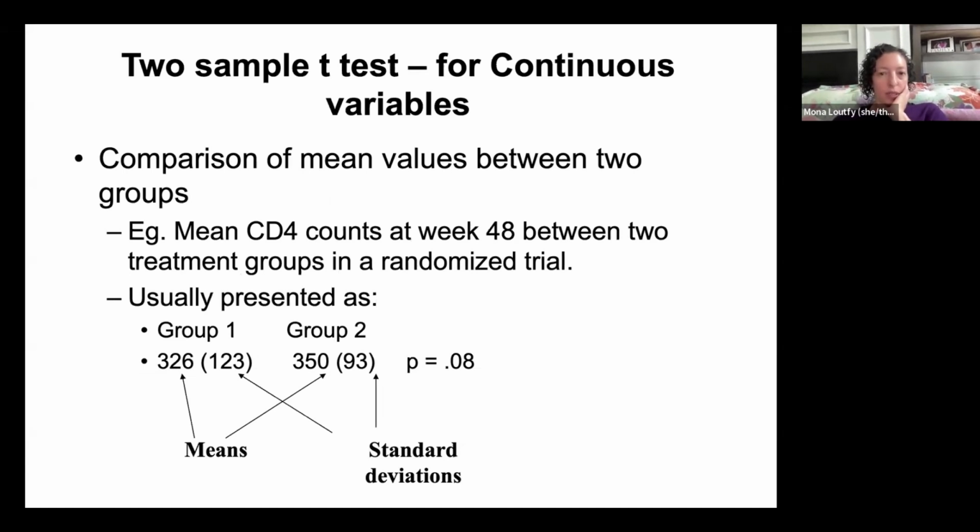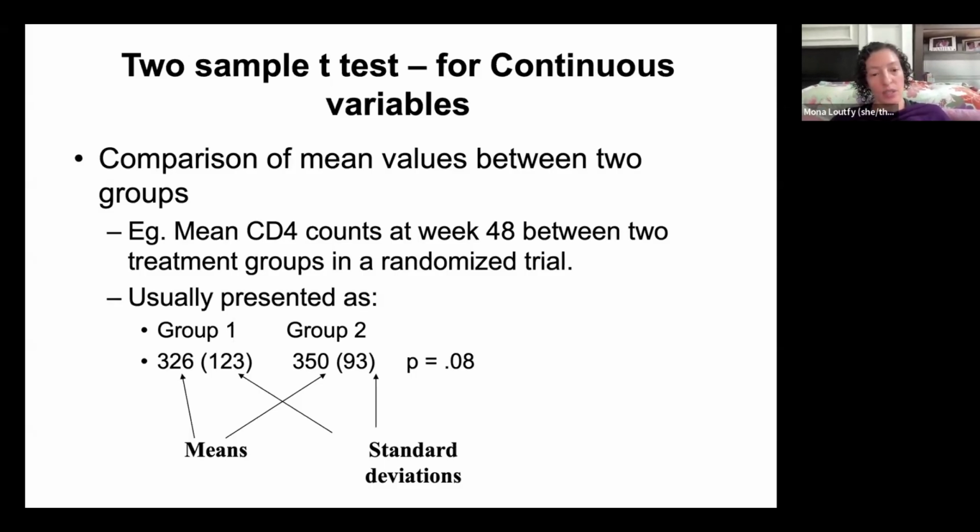Okay, so this is, for example, a two-sample t-test for a continuous variable. You have the young group, group one, and group two, the older group, and you have a mean CD4 count there, 326 for one, 350 for the other, and you see how we're reporting the standard deviation.